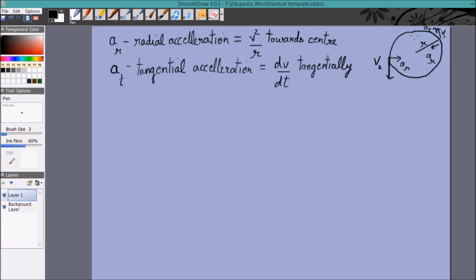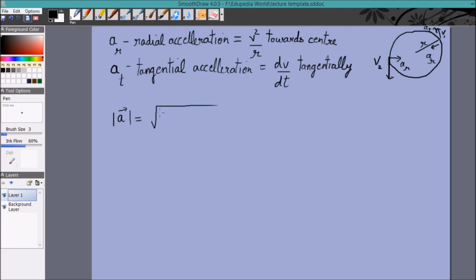Now obviously the radial and tangential directions are perpendicular to each other, so these are two independent components of the acceleration vector. So we can find the magnitude of the acceleration vector. We'll use the triangle rule of addition. So it will give me AR squared plus AT squared plus 2 AR AT cos theta, but cos theta is 0 since theta is 90 degrees. Or you can directly use Pythagoras theorem as well.